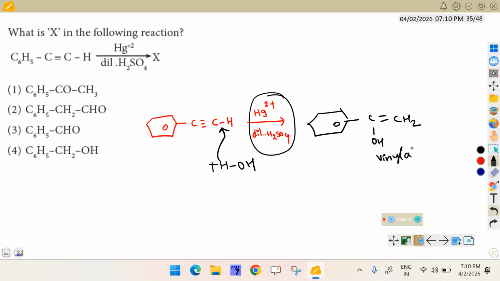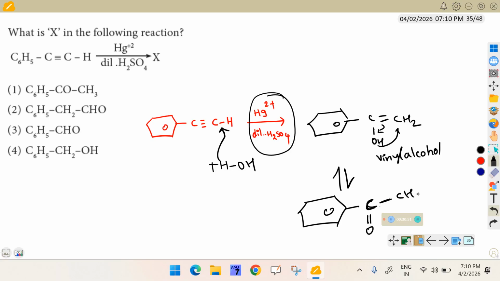Vinyl alcohols participate in tautomerism. Proton shifted, pi bond migrated. Already in the last video, NCERT exam test number 6, I clearly explained this mechanism. C double bond O CH3. Correct answer is 1.